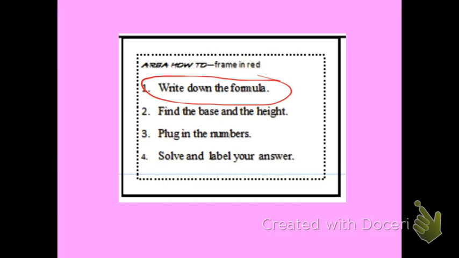The more times you write it, the more times it gets into your brain. The second reason is because people get confused all the time between the area of a triangle and the area of a rectangle or four-sided figure. So because people get confused, I want you to keep writing the formula so that in your brain you will have the difference because you've written it so many times.